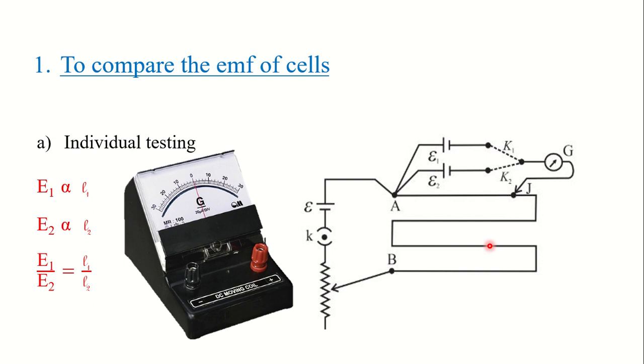After touching the jockey at that point, note down the length of the wire from A to that point, which is measured as L2. Now, this L2 is balancing the cell E2. So E2 is proportional to L2, and dividing these two equations, you will get E1 divided by E2 is equal to L1 divided by L2.